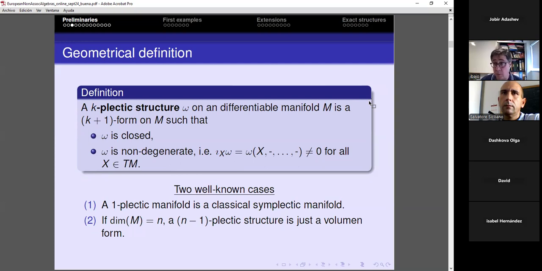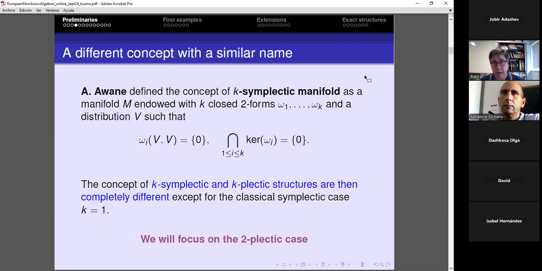I also want to mention that there is a different concept, which sounds very similar, but it is a very different thing. It is the concept of a k-symplectic manifold.